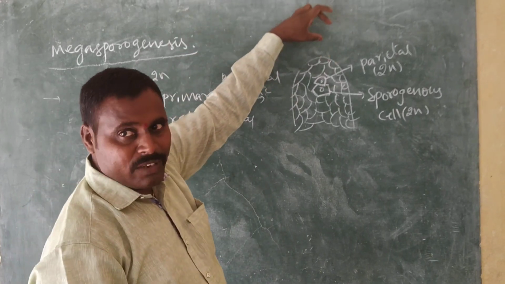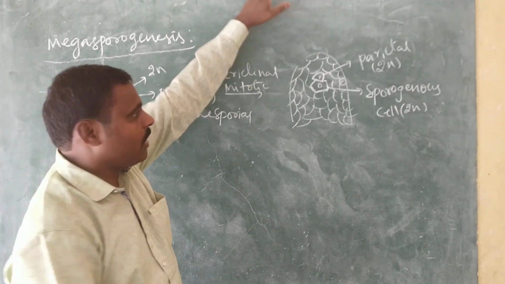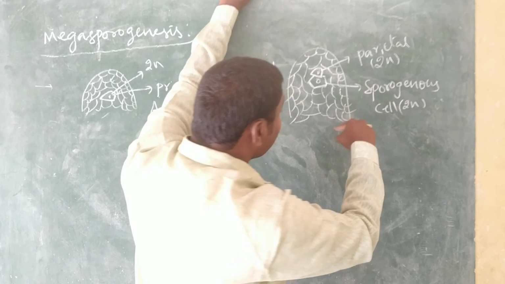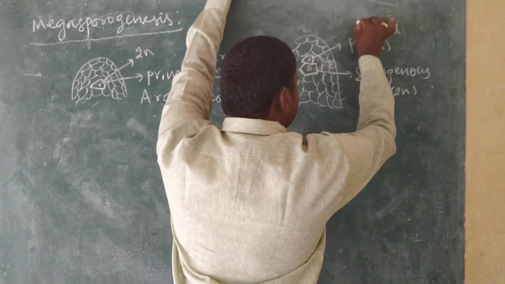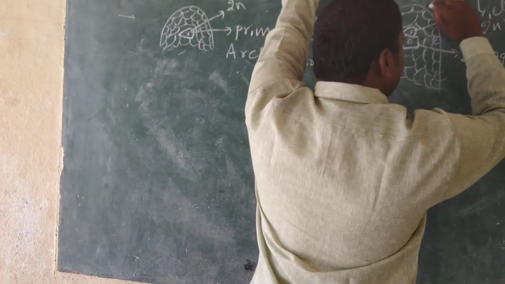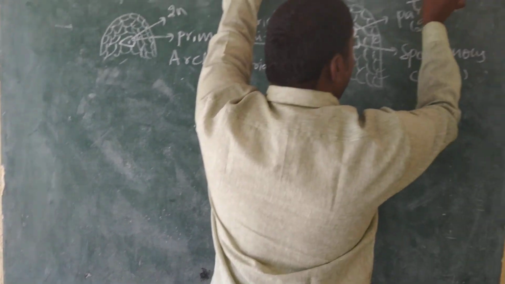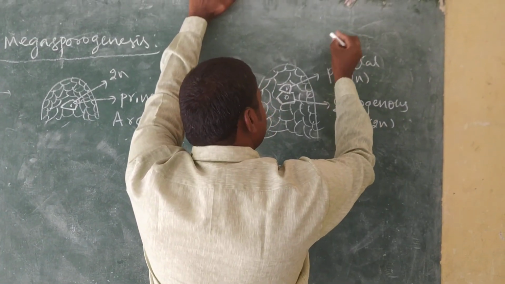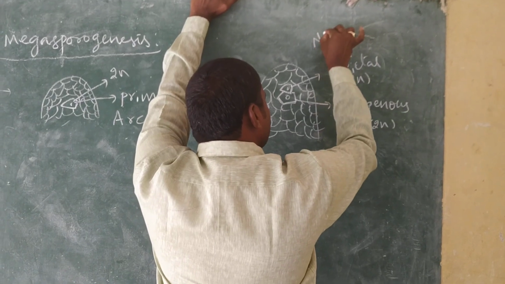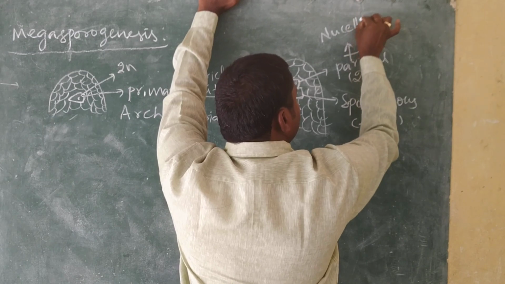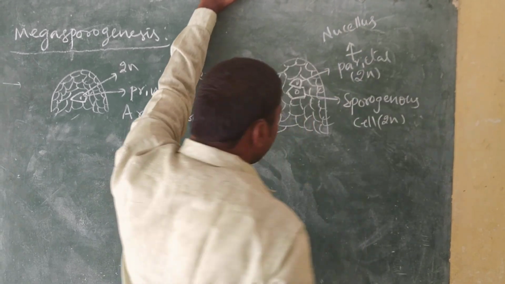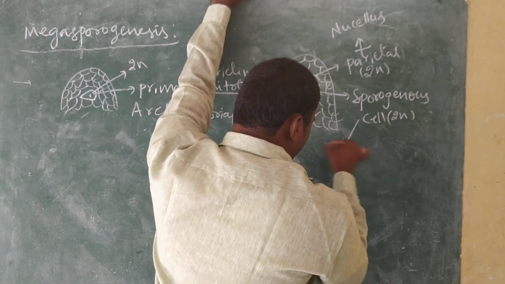Now the parietal cell undergoes repeated periclinal mitotic divisions. As a result, it produces cells which are added to the nucellus. What about the sporogenous cells?